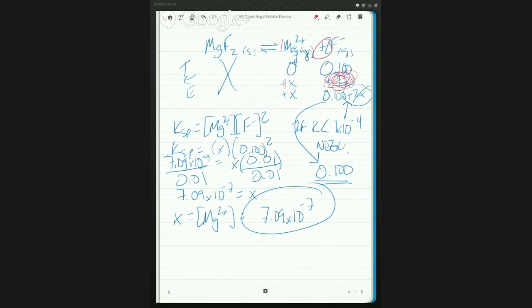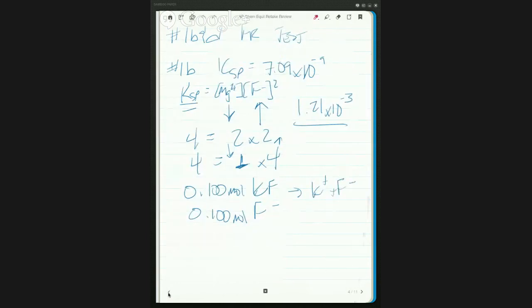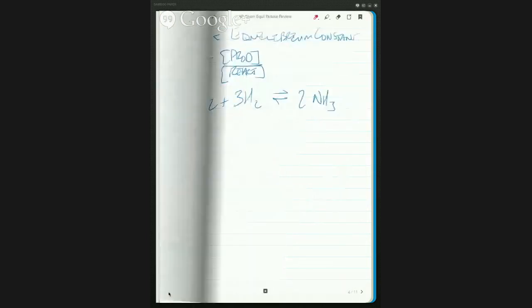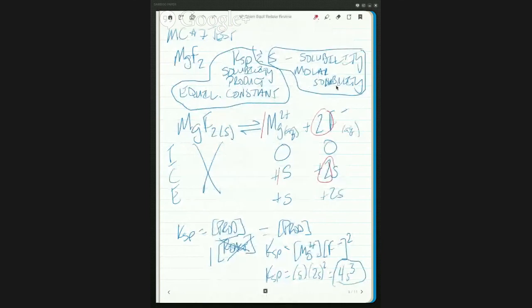And finally, and we've been talking about it a ton, molar solubility and solubility refer to the s's. That's all that is. I talked about that on the very first page. Yes, molar solubility and solubility refer to the s's. So when you see those words, that's what that means.